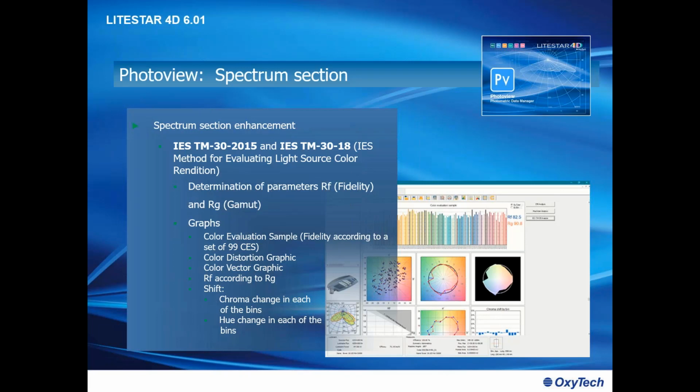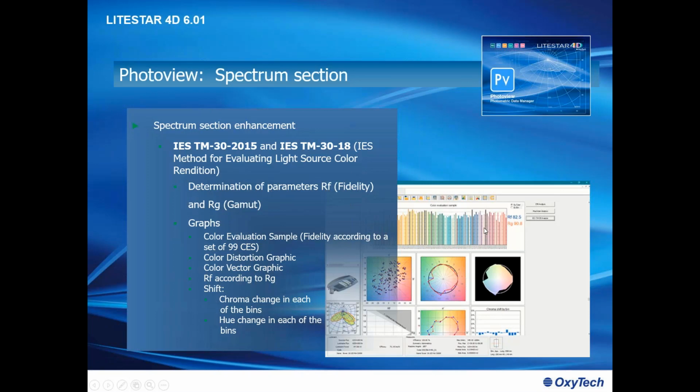What did we include? We include the calculation of the parameters such as the Rf, the fidelity index, and Rg, the gamut index. We also introduced the graphs such as the color evaluation sample regarding the fidelity according to a set of 99 samples, CES, you can see here.